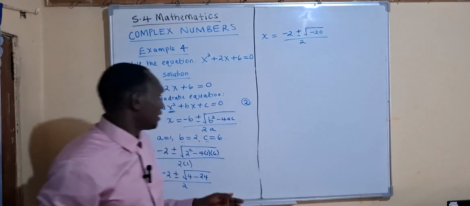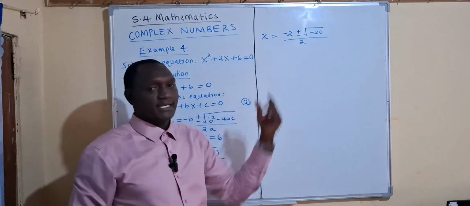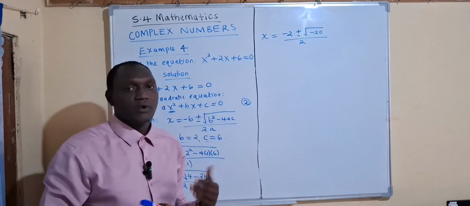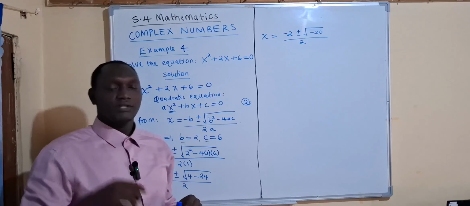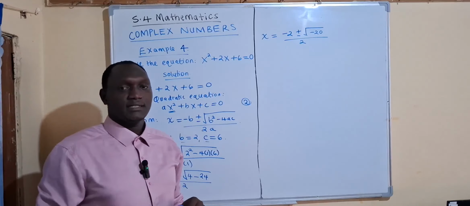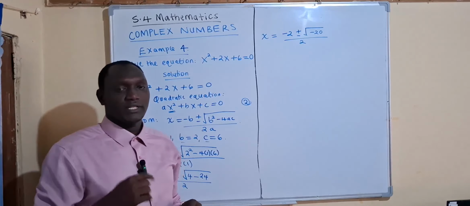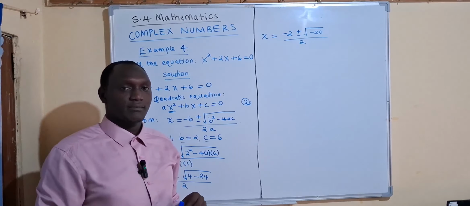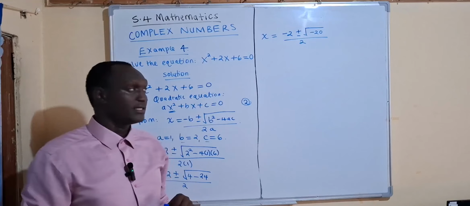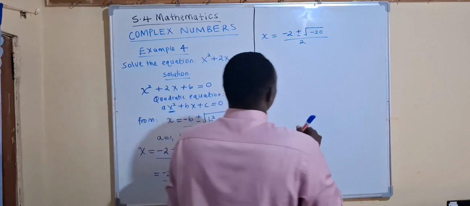So where you get the negative, you are looking for the square root of a negative number. That is the point that calls for the application of Euler's property, that i squared is negative 1.